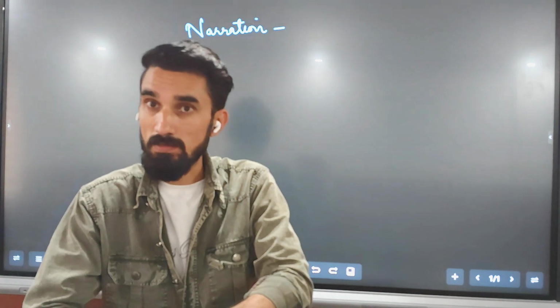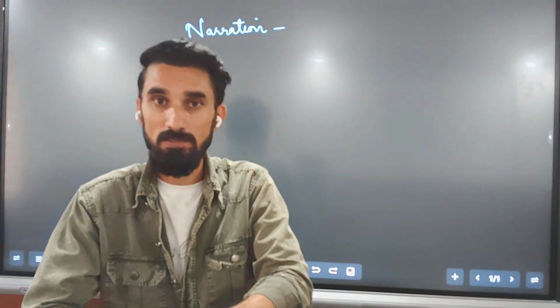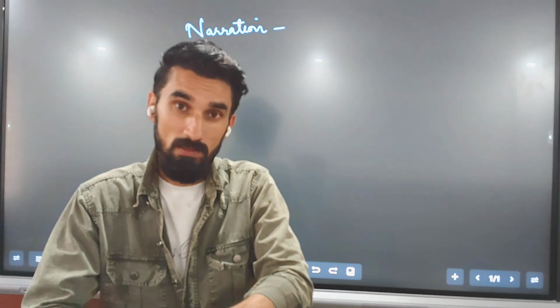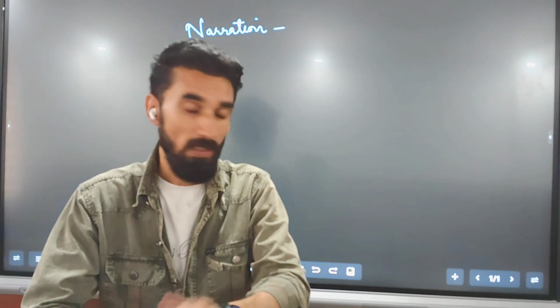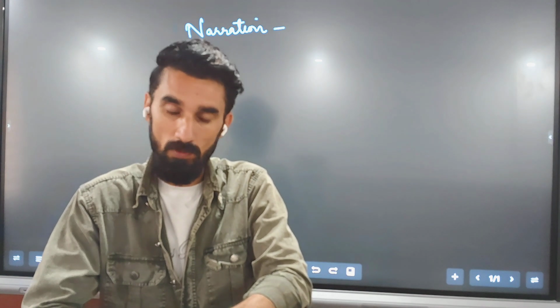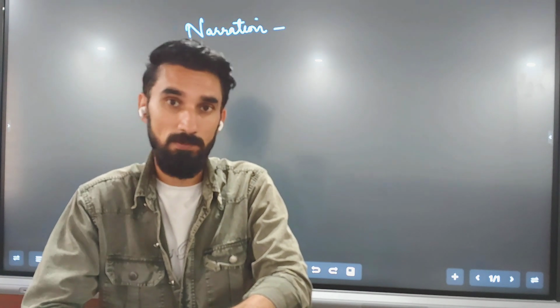We discussed some of the sentences belonging to the assertive and interrogative category. There I told you about 6 points in particular that you need to keep in your mind while you are changing the narration.